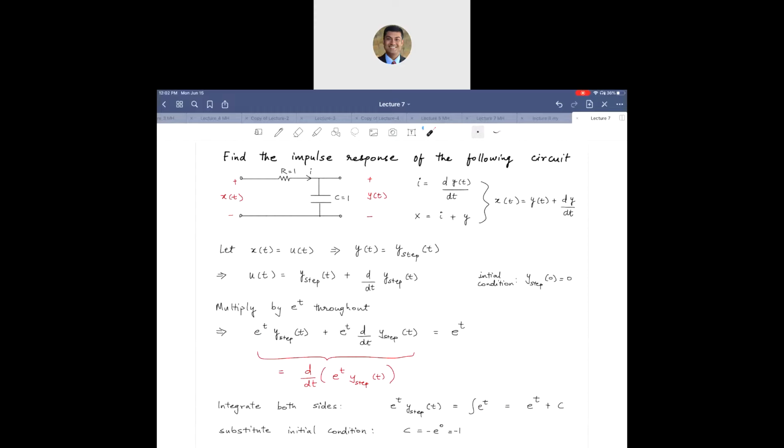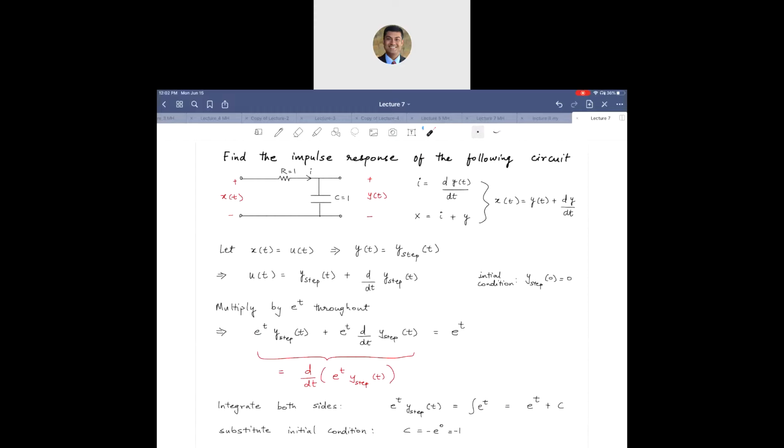And then once you remove the voltage, it is going to start discharging. All those properties can be viewed through the lens of impulse response, step response and convolution, as long as I can assume that this RC network is a linear time invariant system.